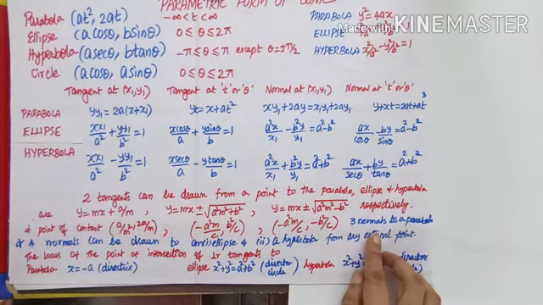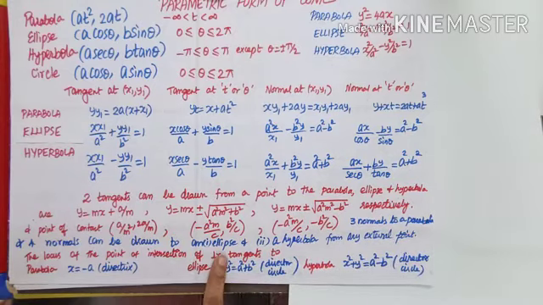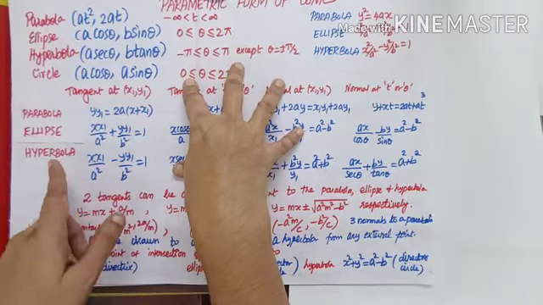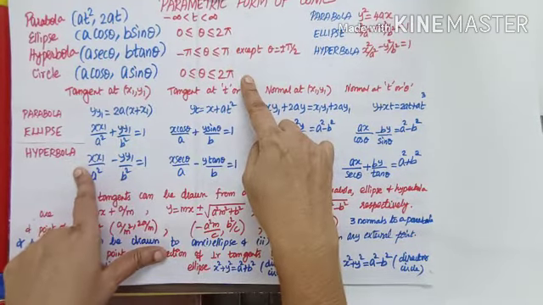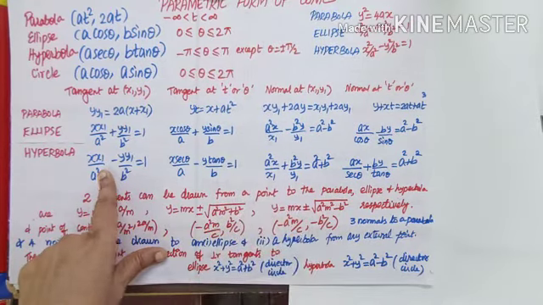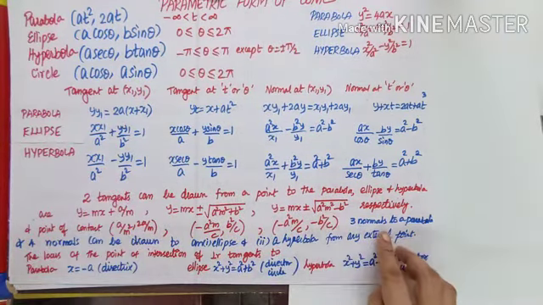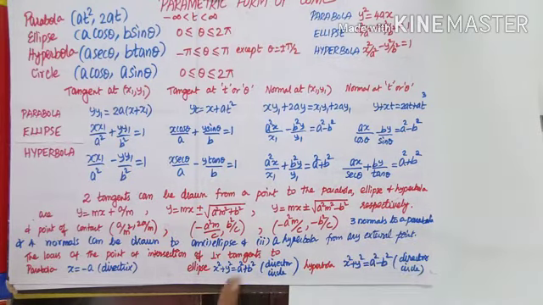For a parabola, we can draw three normals, whereas for ellipse and hyperbola, we can draw four normals from any external point. That is, this is the curve, the point is somewhere here, not on the curve. From an external point, we draw two tangents, whereas for a parabola, three normals can be drawn, and for ellipse and hyperbola, four normals can be drawn.